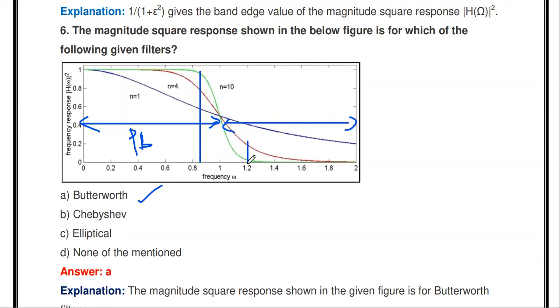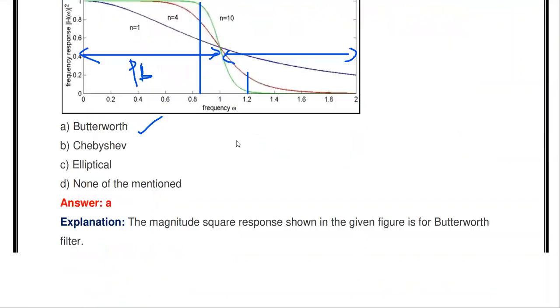Pass band means the gain of the filter is maximum. In between this pass band and stop band, there is this band called the transition band. Here the magnitude response decreases monotonically.